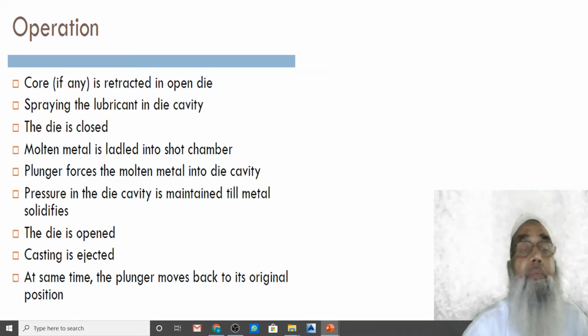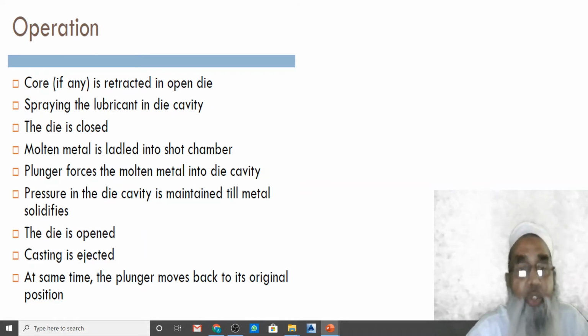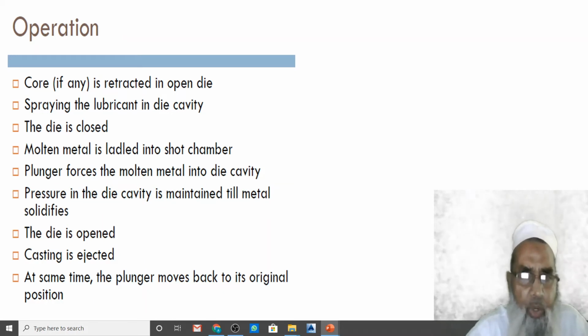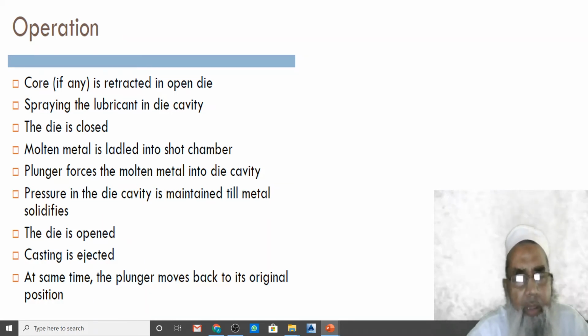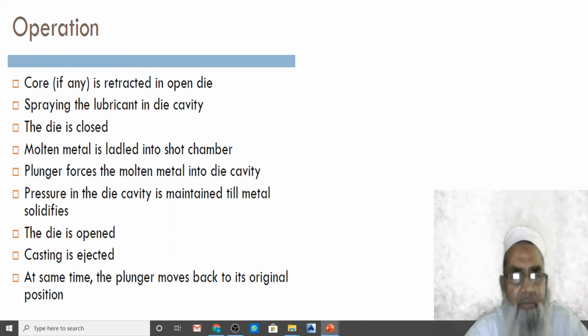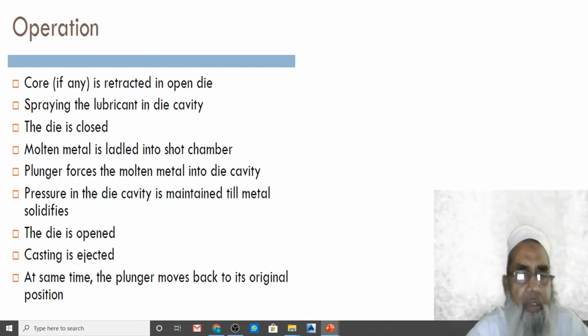Now, the die is opened, the core, if any, is retracted or assembled. The die cavity wall is sprayed with lubricant. It is closed. Molten metal in the ladle is put into the short chamber, and the plunger forces the molten metal into the die cavity.